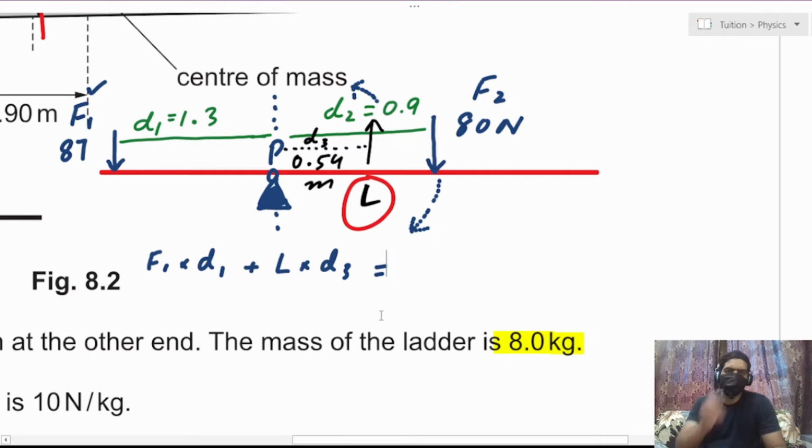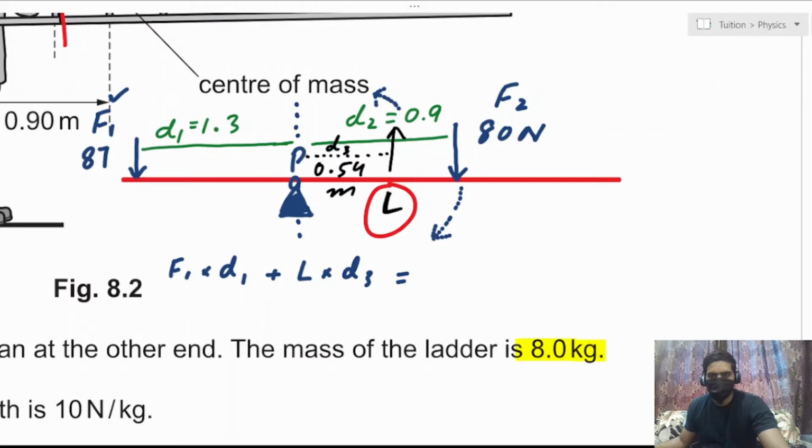I've written that distance D3, and the force F2 is the only one that produces clockwise moment, so we write it on the other side of the equation, and the distance of that force F2 from the pivot is D2. So I've written F2 times D2. Let us now insert the values.